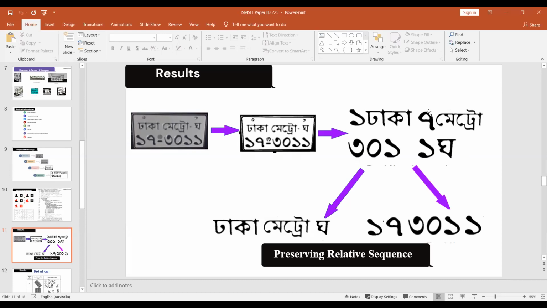This is the first number, this is the second, then the next 3, and the 4th one. Even though it looks like they are mingled, if you notice, the relative sequence of the characters and the relative sequence of the numbers are preserved. By applying a deep learning algorithm, we can easily locate or segment those characters from the license plate.